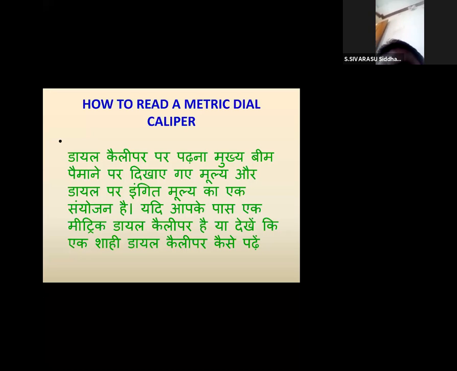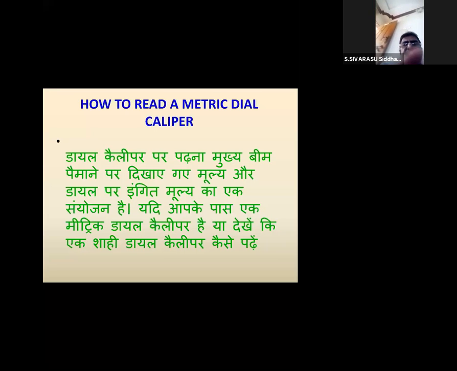The reading of the dial caliper is the combination of the main beam scale value and the value indicated by the pointer on the dial. If you want to read the dial caliper, look at this first step.